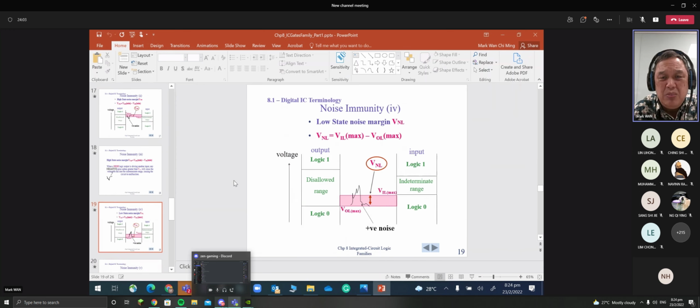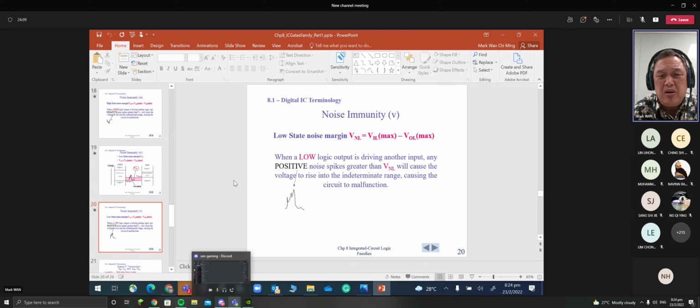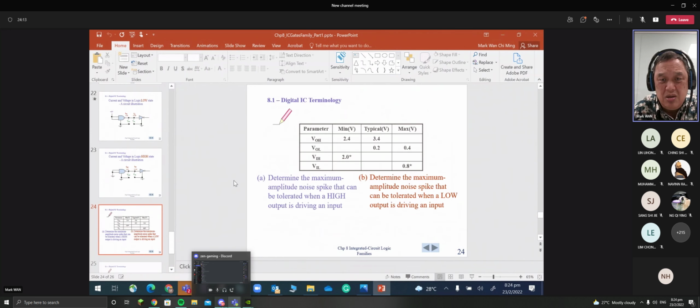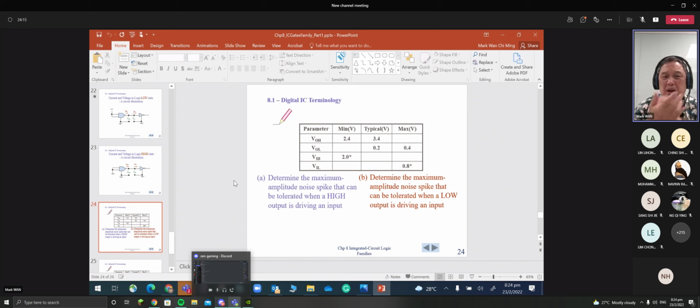Noise immunity, logic 1 noise immunity, logic 0 noise immunity, you must know, right? For example, logic 1 noise margin: just remember a big number minus a small number.